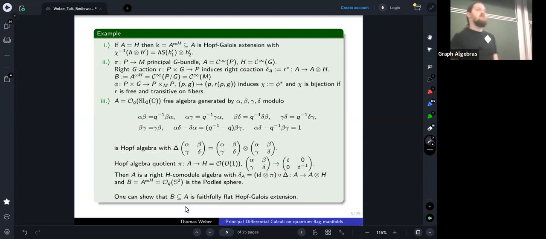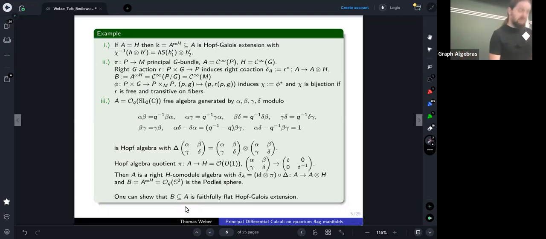Of course, here I'm a little bit sloppy because you have to complete things in the Frechet topology, sorry, because otherwise this doesn't make sense. And then you can show that the functions that are invariant under this coaction correspond to functions on the base manifold.